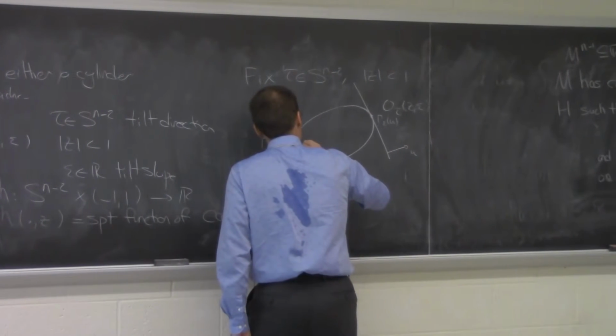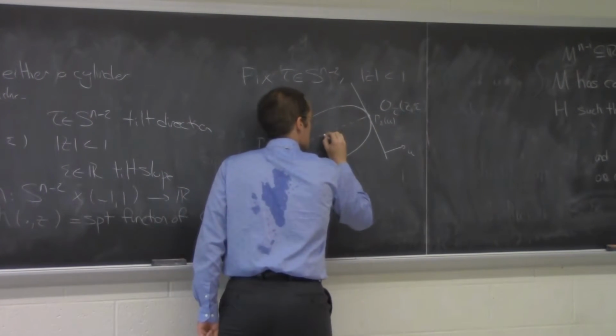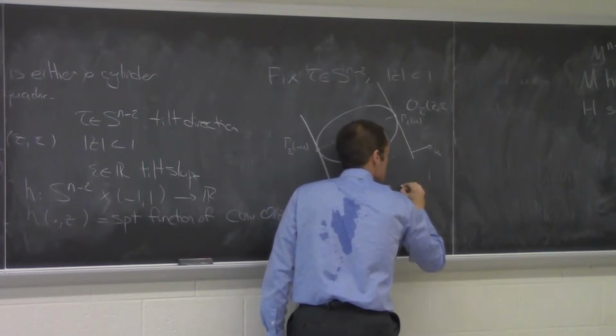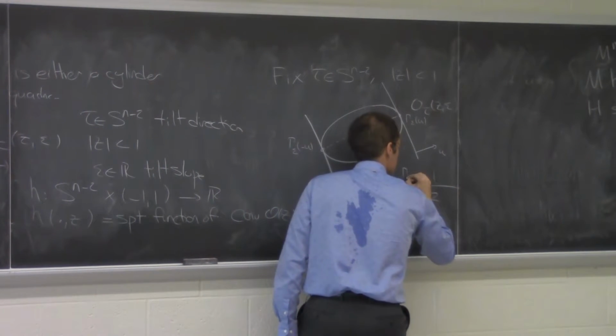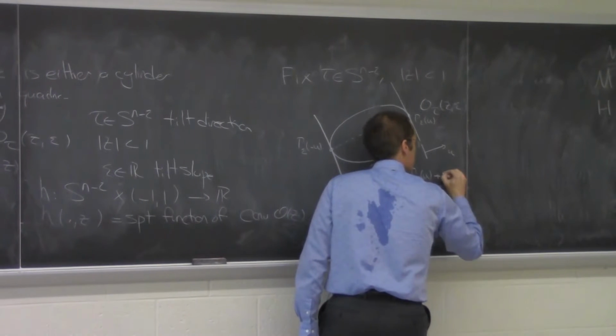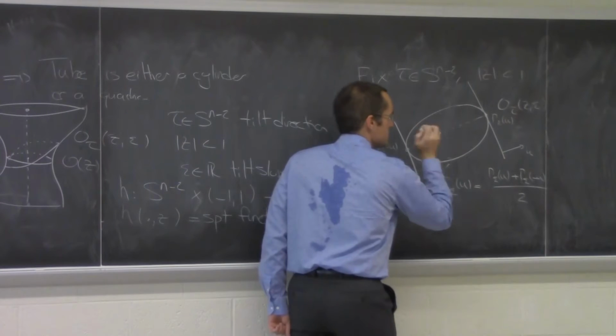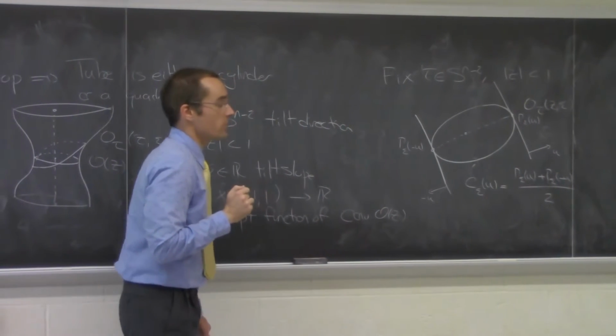And what do I do? I take the average. And this is what Solomon calls the centrix. Okay? And this is the midpoint.